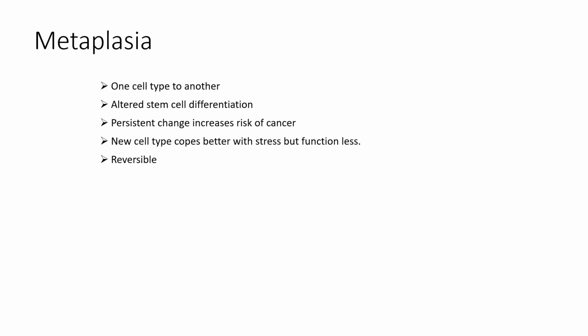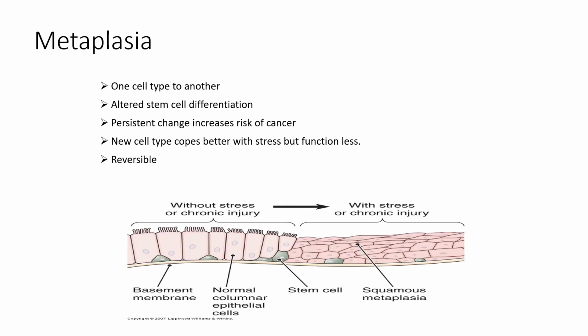Now ليش بيصير الميتابليجيا؟ الميتابليجيا بتصير لأنه the new cell type copes better with stress، يعني بيتحمل الضغط اللي موجود أكثر، مشان هيك صار الادابتيشن، ولكن الفانكشن of the new cell is less، يعني هو بيجي على ضريبة وظيفة الخلية. صح بتصير تتحمل أكثر للستريس، ولكن وظيفة الخلية بتقل.